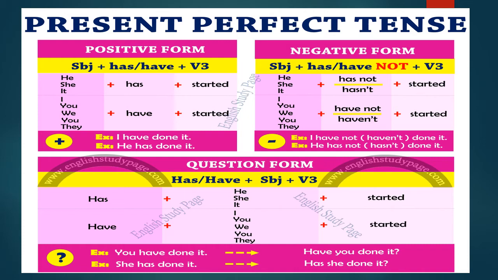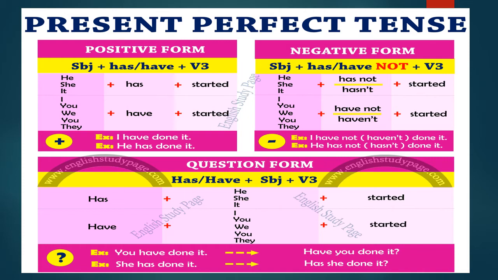To change into negative here in the present perfect, because I have 2 verbs, has or have plus past participle, the first verb is the auxiliary verb in the tense. So the auxiliary verb in present perfect is has or have.